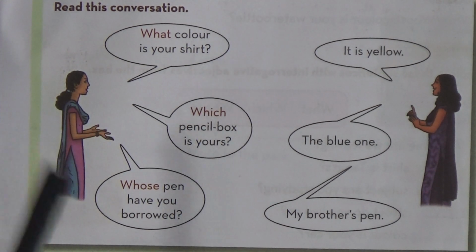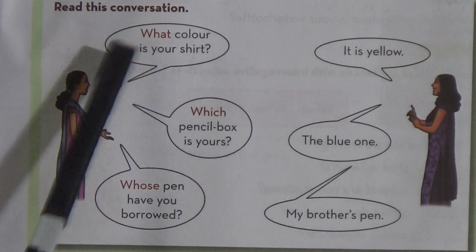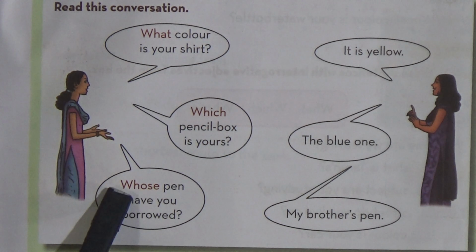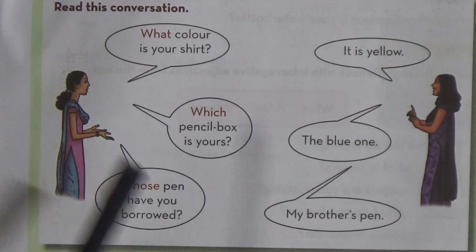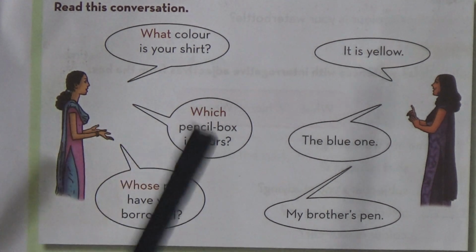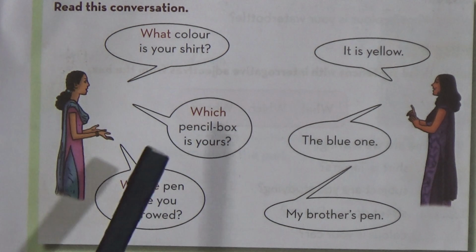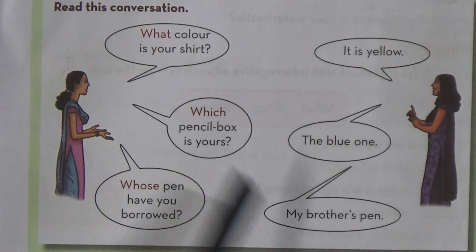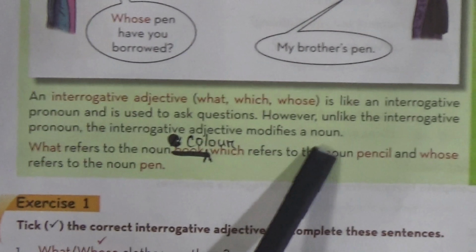What is interrogative adjective? An interrogative adjective like what, which, whose is like an interrogative pronoun and is used to ask questions. However, unlike the interrogative pronoun, the interrogative adjective modifies a noun.